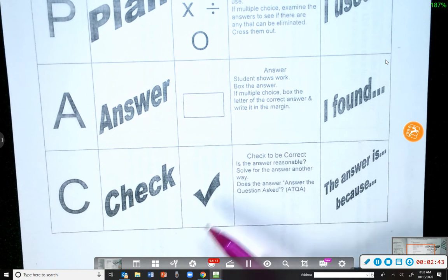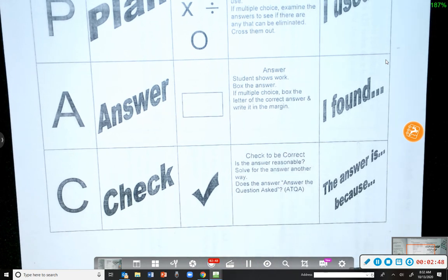C, check your answer to make sure it's correct. Does it make sense? Is it reasonable? Solve another way. So for adding, we've learned to subtract to see if our answer is correct. If we're subtracting, we've learned to add to see if our answer is correct.